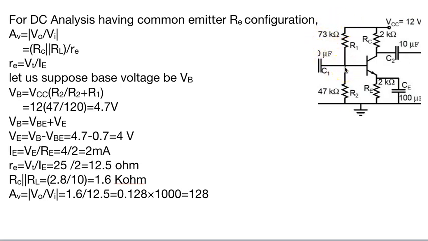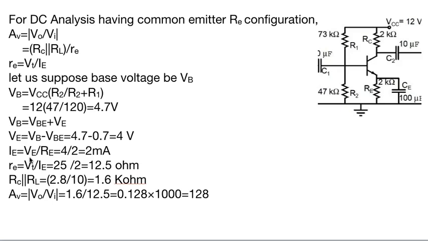Then you can calculate VB at this point, which is VCC times R2 upon R1 plus R2. You can calculate VE at this point. Once you calculate VE and divide by RE, you get IE. Now the DC analysis is over.